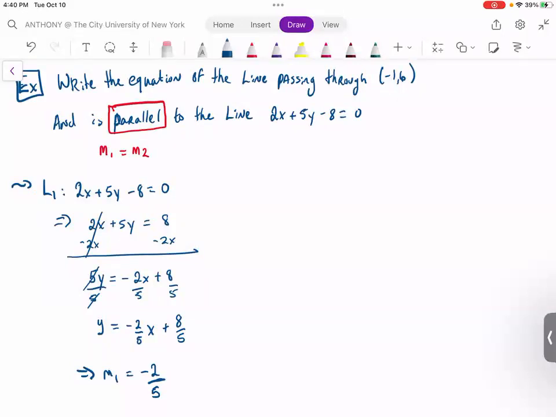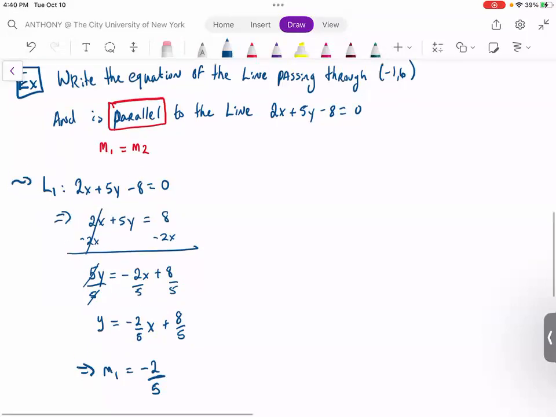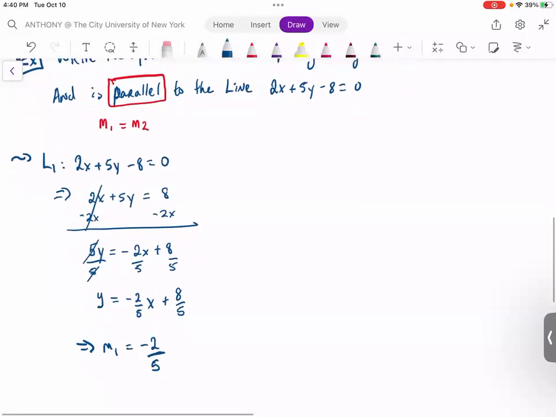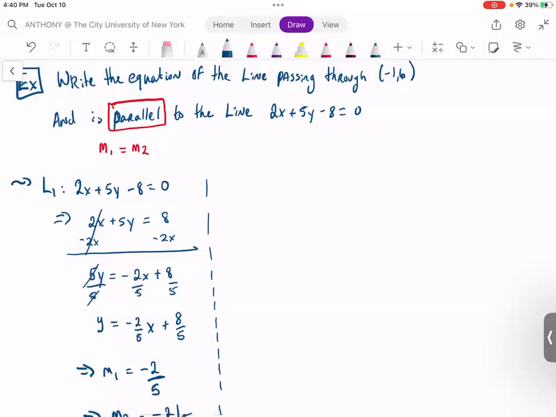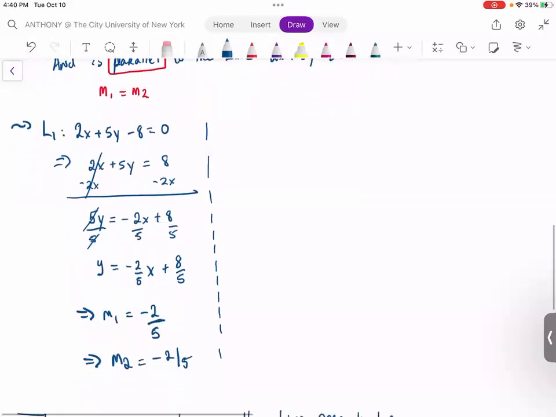Now, since m1 is equal to -2/5, this would imply that m2 is also equal to -2/5 because the two lines are parallel. All right? So now that I have that taken care of, I could use the value of m2 and the given point to write the equation in point-slope form, and then follow that up with writing it in slope-intercept form.